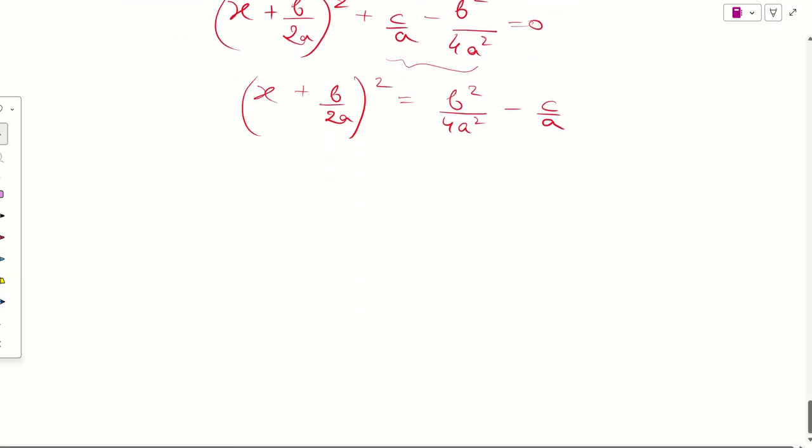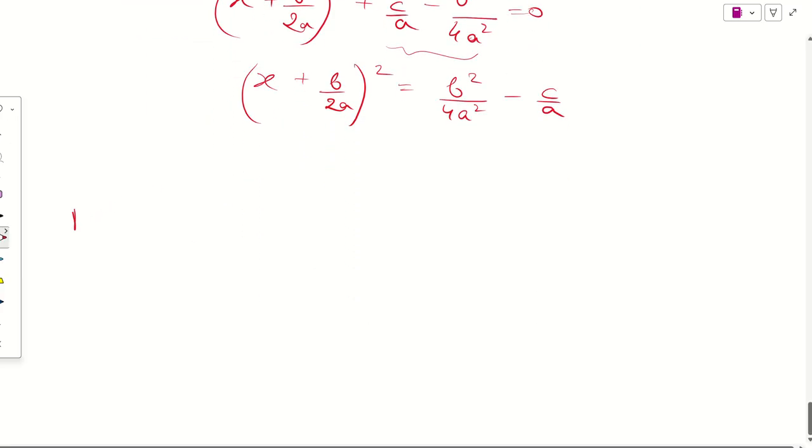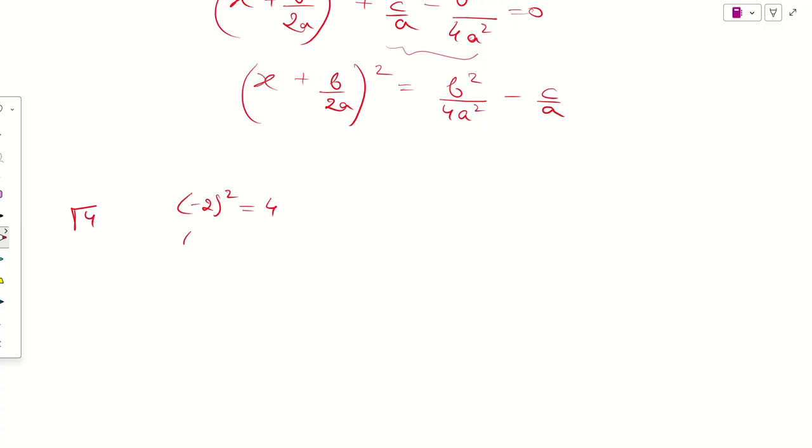So here, let's take under root 4. How can you write minus 2 whole square? What will be the answer? 4, right? And if I take 2 square, your answer will be 4. So there are two numbers that fit this square root. So from here, we can say that whenever there is an under root, it always gives you two values, positive as well as negative.